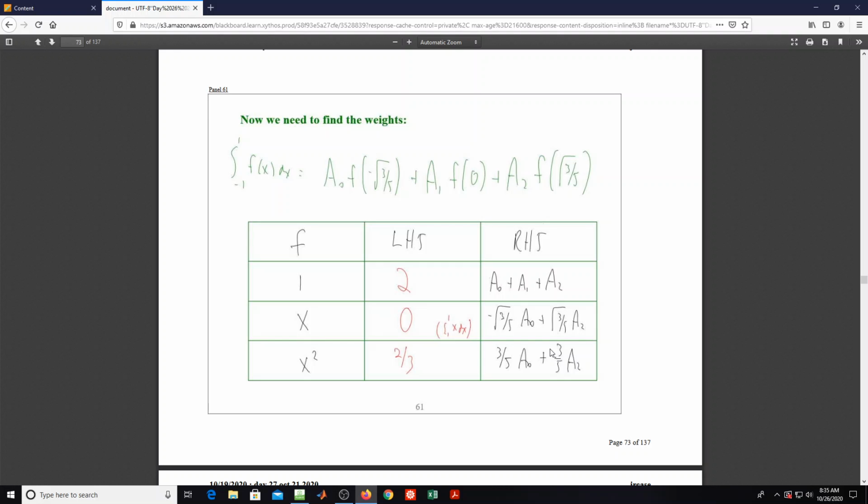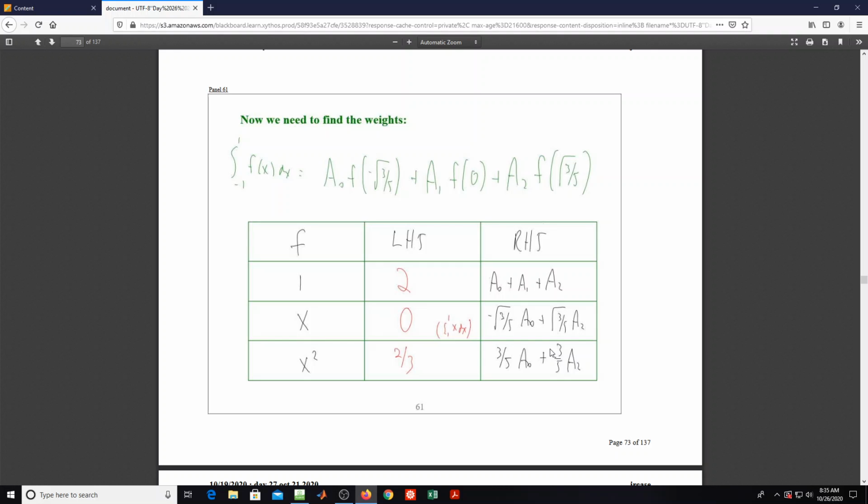What's my integral going to be from -1 to 1 of 1? 2, right? Width of 2, height of 1, get 2. And so the right-hand side will be a0 plus a1 plus a2. Okay, so this has to equal 2. And then I put in an x.